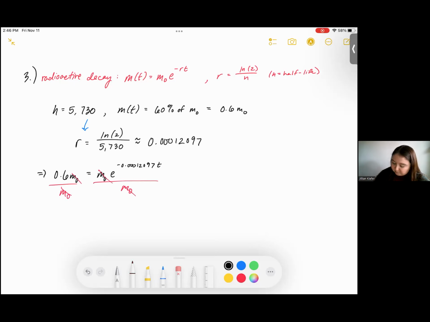and we get m naught canceled on both sides, leaving us with 0.6 is equal to e to the power of negative 0.00012097 t. So we actually didn't really care to know what the original amount was. We didn't necessarily need to. But now that we're at this point, we have our exponential function isolated to one side, so we can go ahead and take the natural log of both sides.